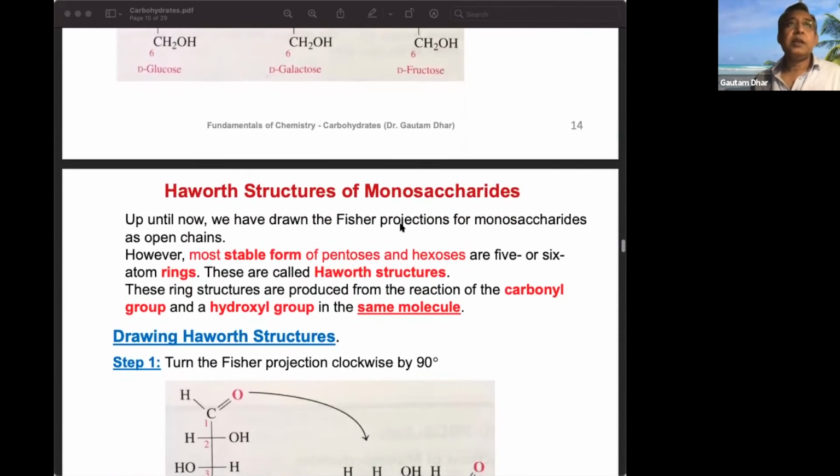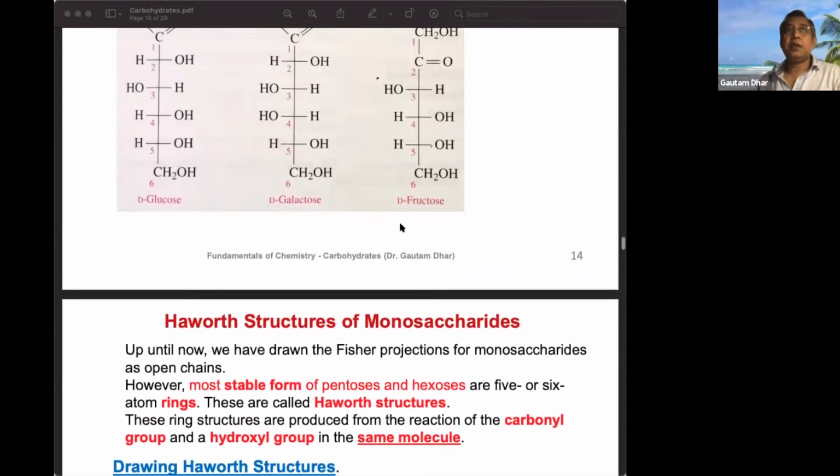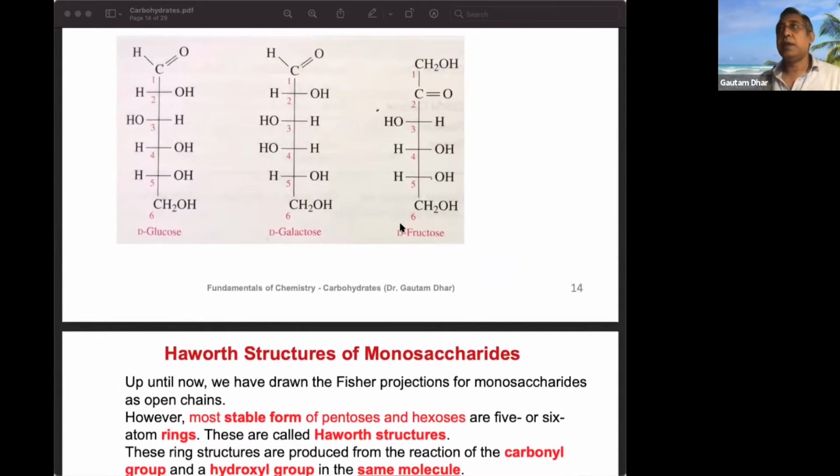Now this is a structure of glucose that is unstable. Because the aldehyde group is reactive, this cannot stay in nature like that. So to gain stability, this OH combines with the CHO and basically forms a ring.